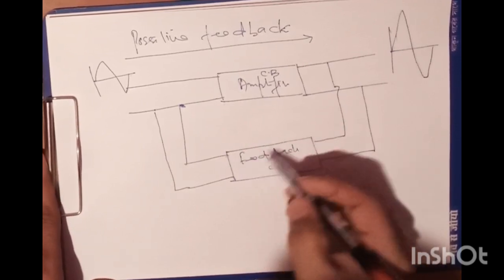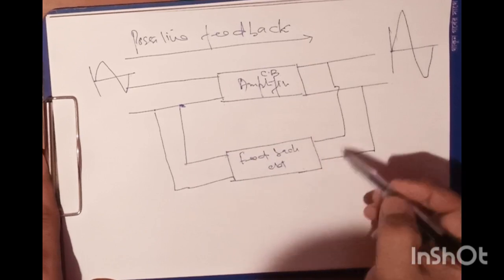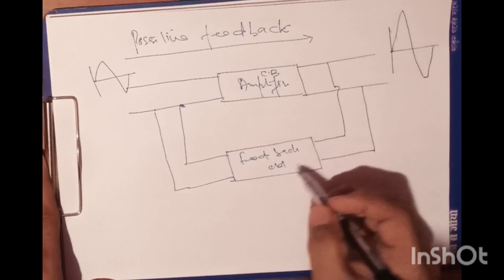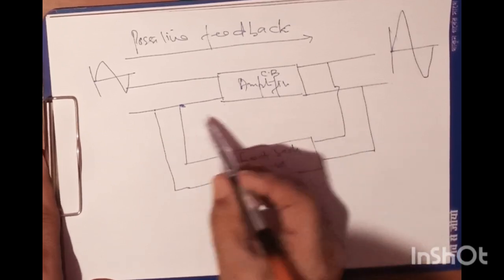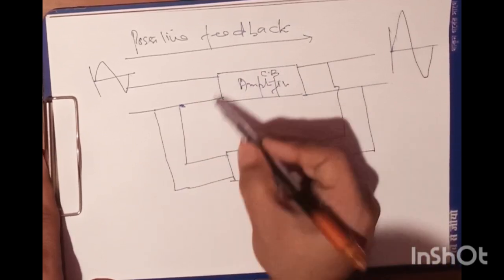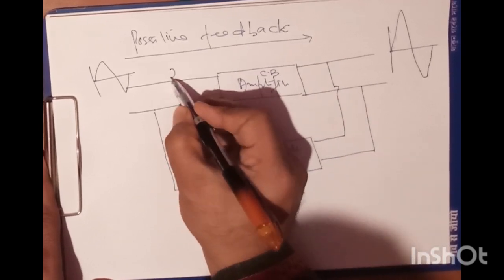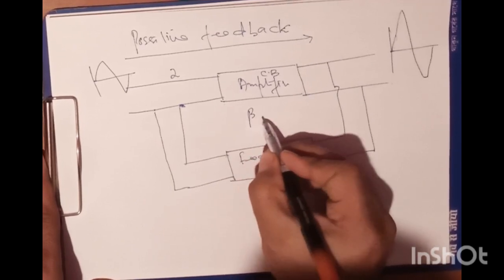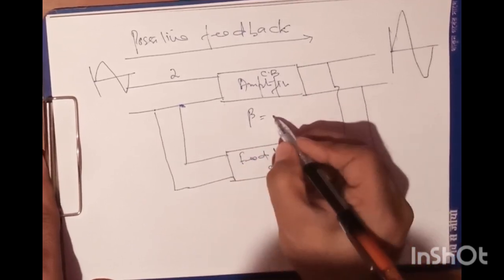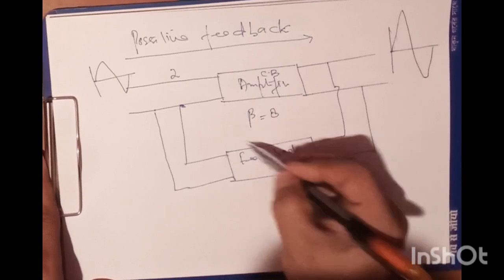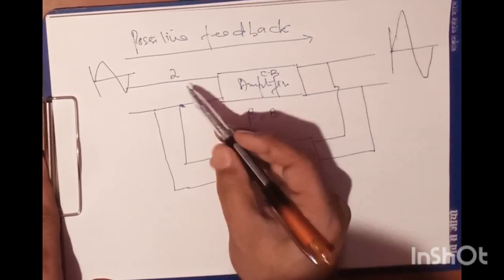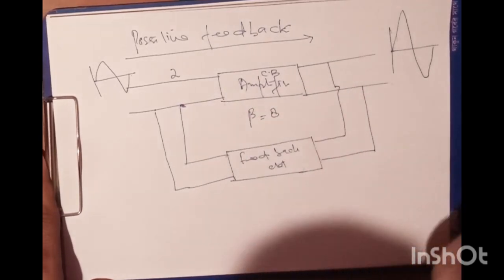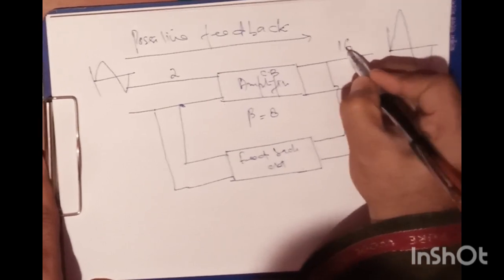To understand the positive feedback in the system that I'm talking about, if I assume that the input we are giving to this amplifier has a magnitude of 2, and beta for this amplifier is, say for example, 8, now beta will be the gain, so what will be the output here? For the sake of argument, I'll get 16 here.